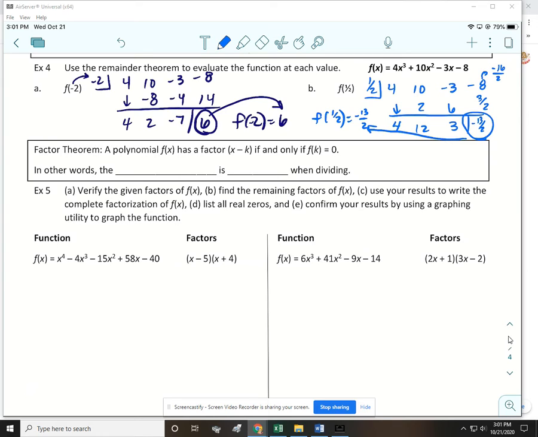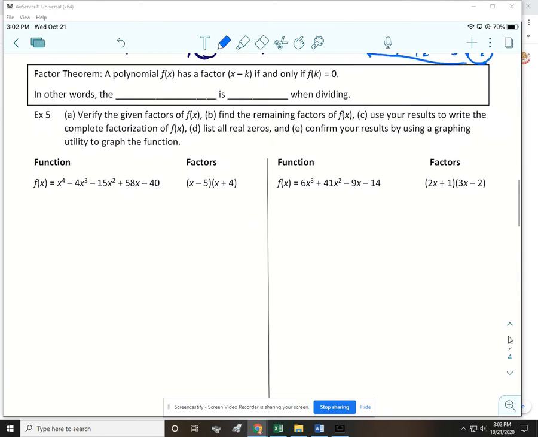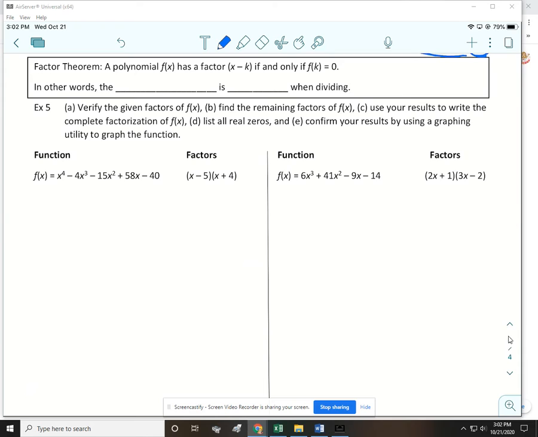All right, and then the factor theorem is all about when you have a factor of the function. So the factor theorem says a polynomial function f of x has a factor x minus k if and only if f of k equals 0.